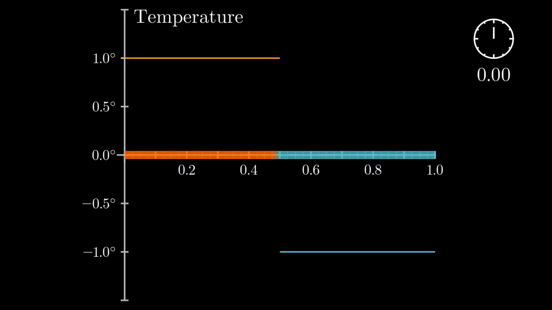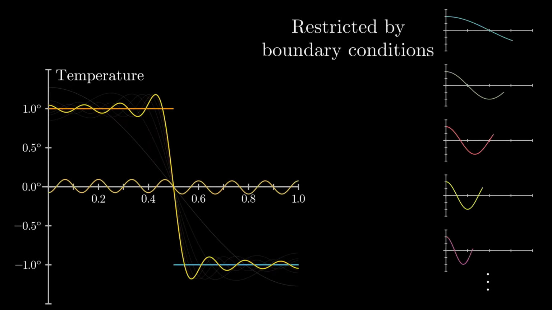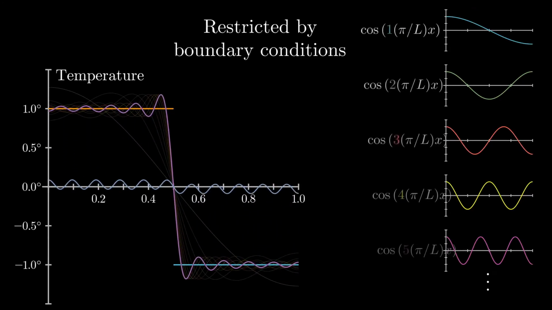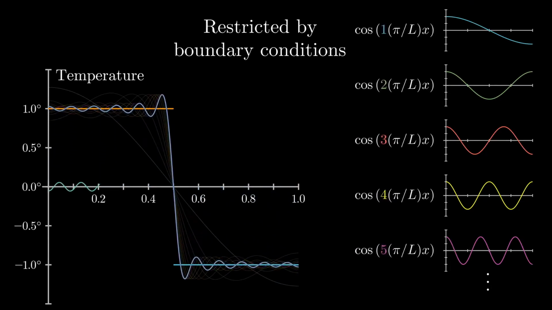And even more boldly, how do you express any initial temperature distribution as a sum of sine waves? And it's more constrained than just that. You have to restrict yourself to adding waves that satisfy a certain boundary condition, which means working only with these cosine functions whose frequencies are some whole number multiple of a given base frequency.